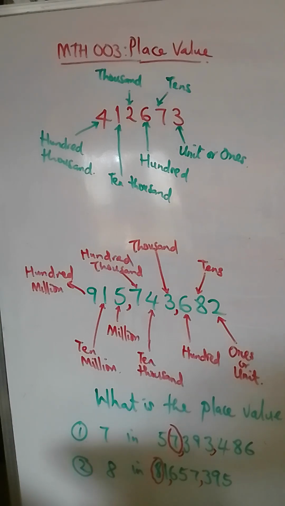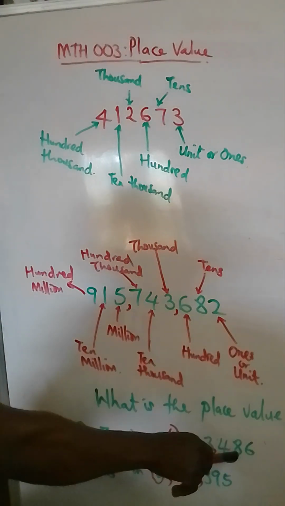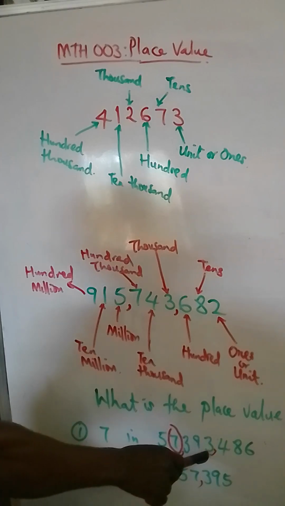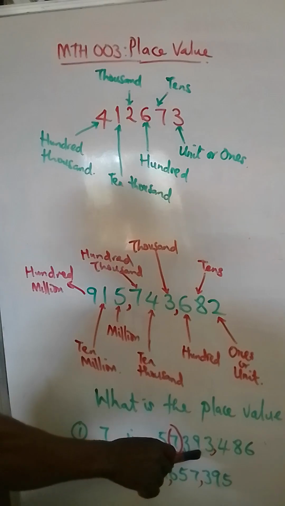So in the first example I'm giving to you, what is the place value of 7? Now, 6 occupies the place value of ones. The place value of 8 is tens. The place value of 4 is 100. The place value of 3 is 1,000. The place value of 9 is 10,000.